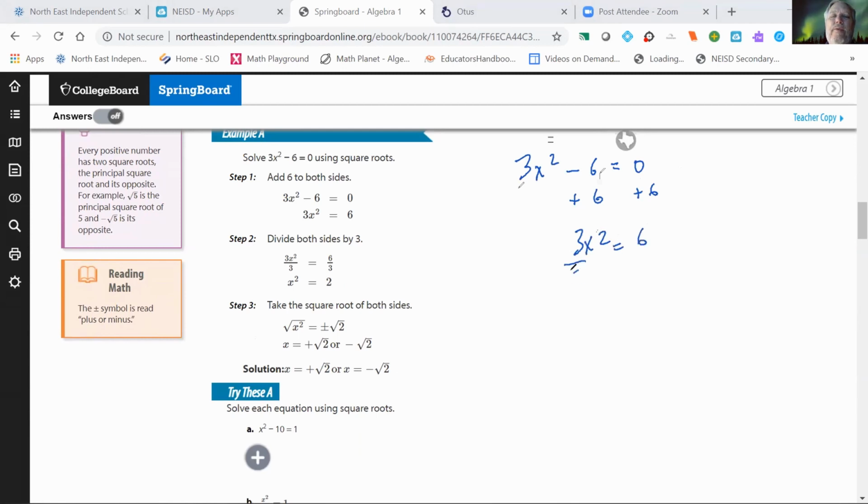Then I'm going to divide both sides by 3. This is your basic algebra. So x squared is equal to 6 divided by 3, which is 2. Taking the square root of both sides, x is equal to the square root of 2, or x is equal to negative the square root of 2.